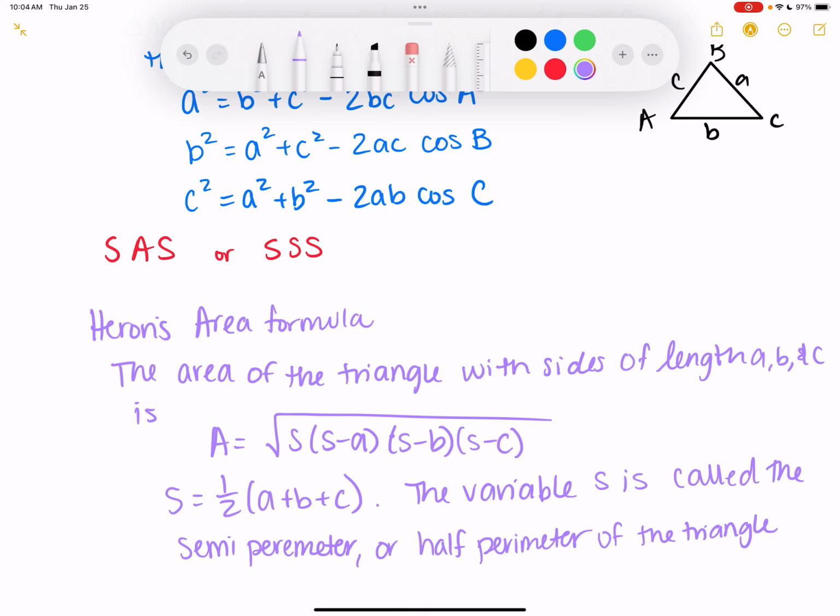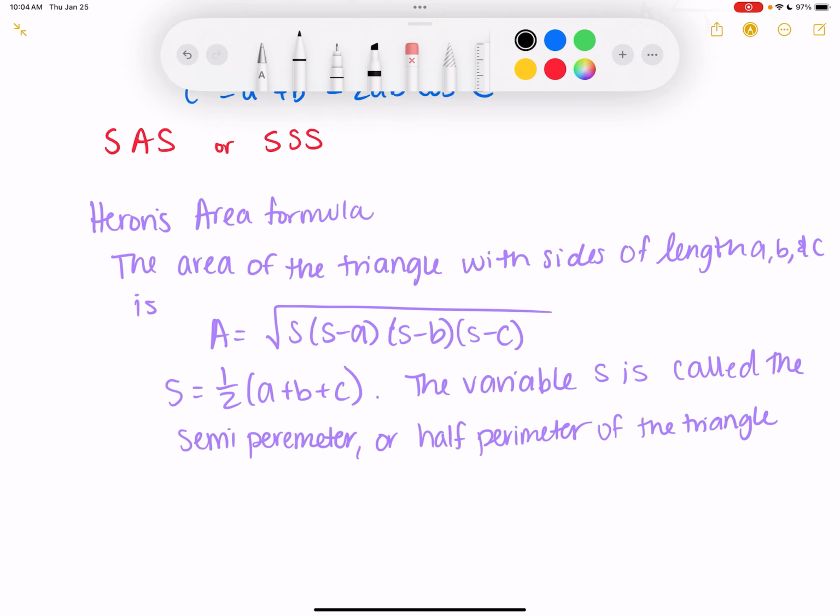All right, so the first problems just say to choose a method. So it says for the given case, tell whether you would use law of sines or law of cosines to solve the triangle. For angle, side, angle, what would I use for this one?